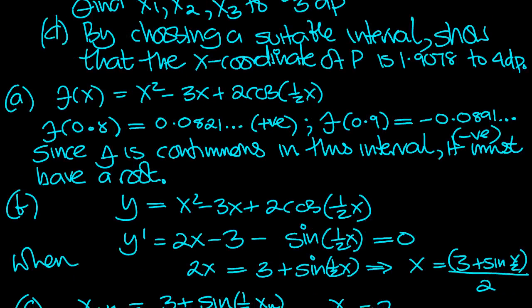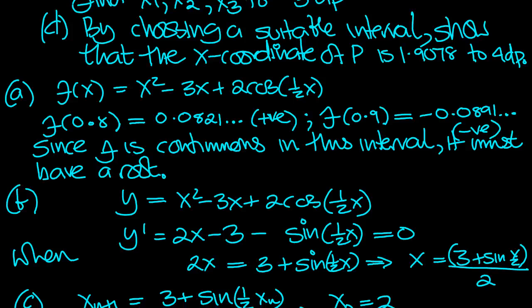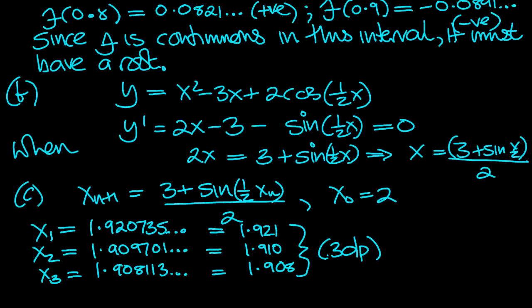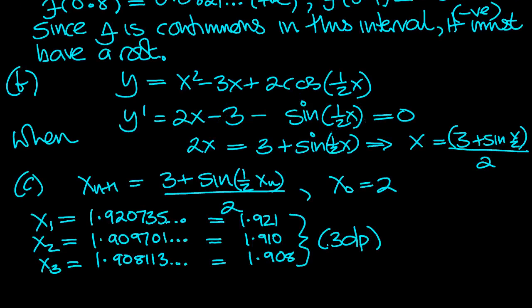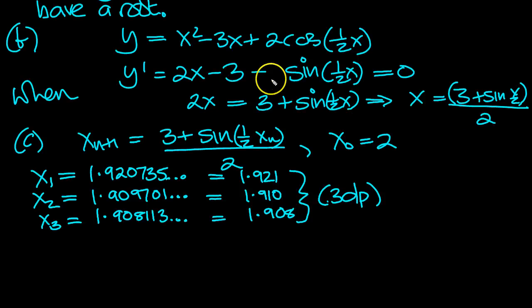Part D, we're choosing a suitable interval. Show that the x-coordinate of P is 1.9078 to 4 decimal places. So P is the turning point.